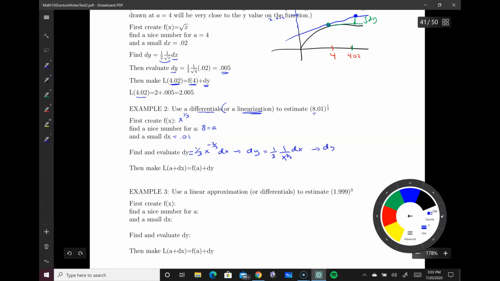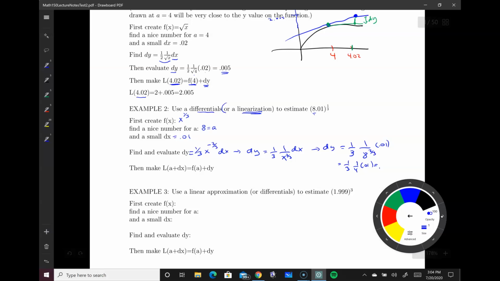So dy will equal 1/3 times 1 over 8 to the 2/3 times dx, and dx is 0.01. You know that the cube root of 8 is 2, squared is 4, so I have 1/4 times 0.01.